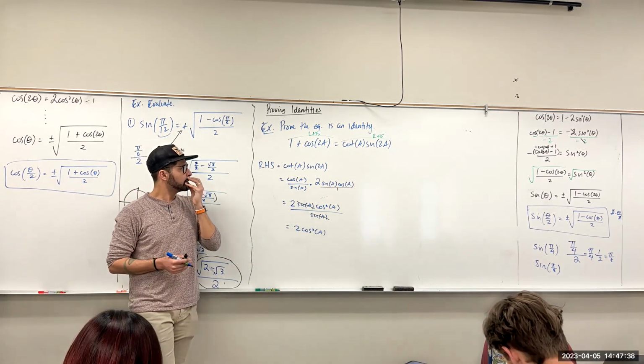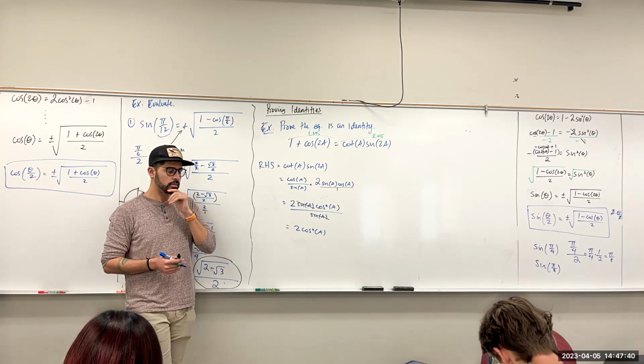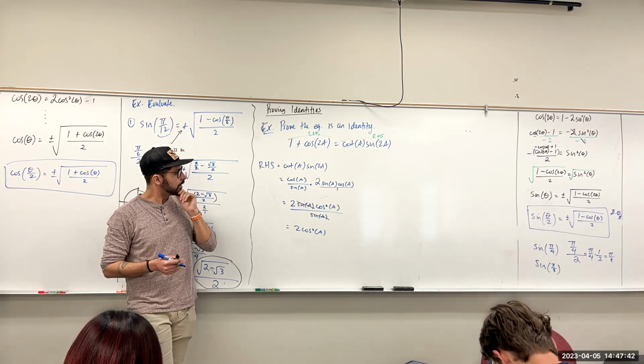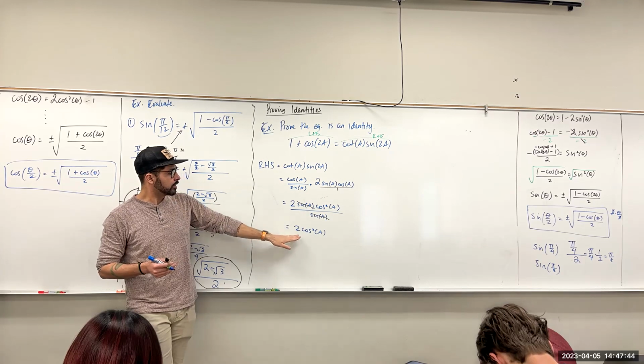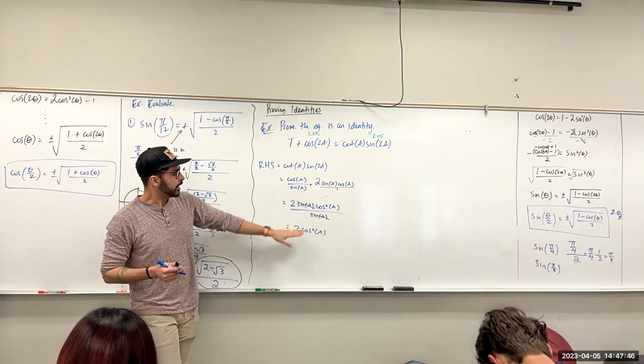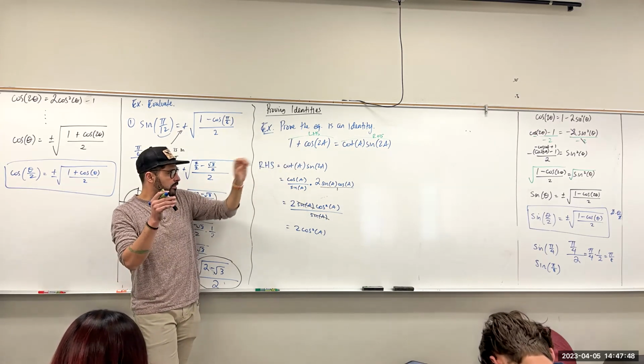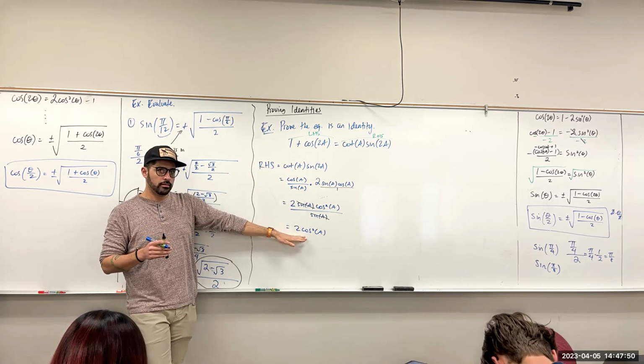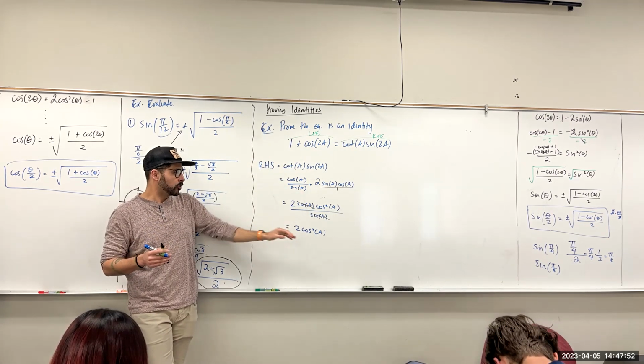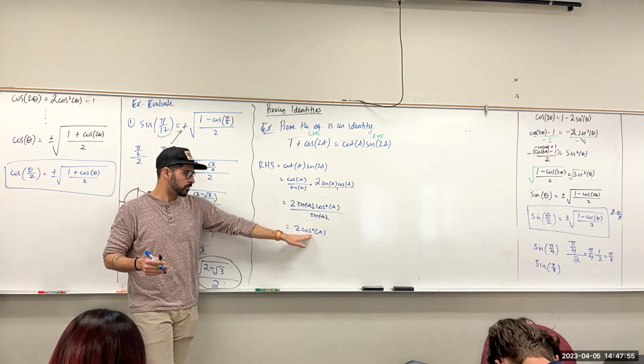So now I'm stuck here. The easier parts took me up to here, and I can do a whole bunch of things from here. I can maybe use another trig identity.